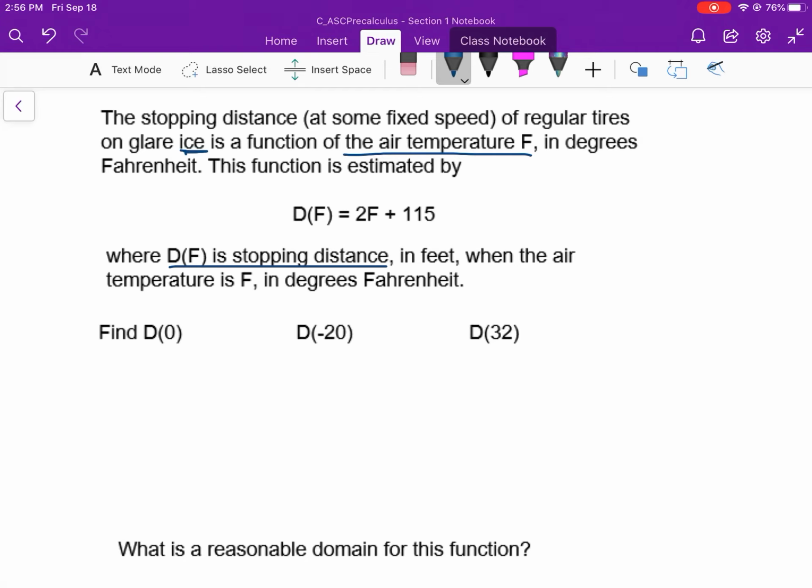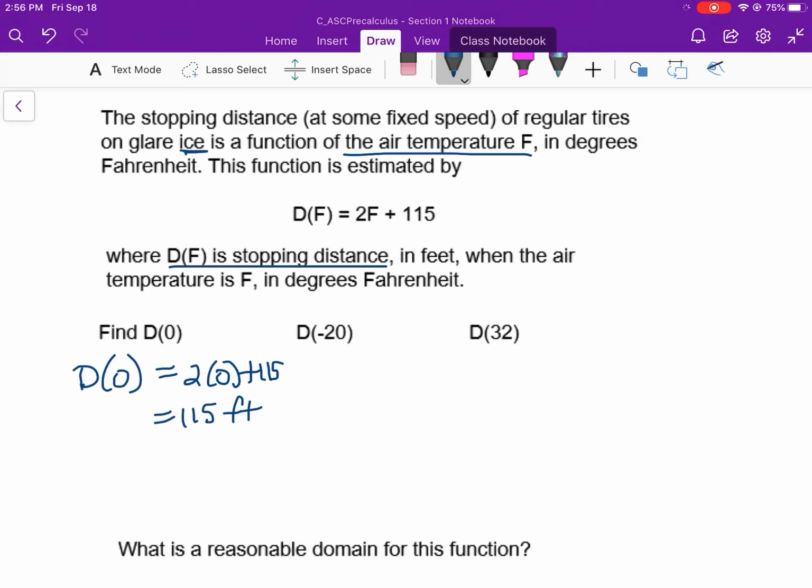So when the temperature is 0 degrees, the stopping distance is 2 times 0 plus 115. It's 115 feet when the air temperature is 0 degrees.